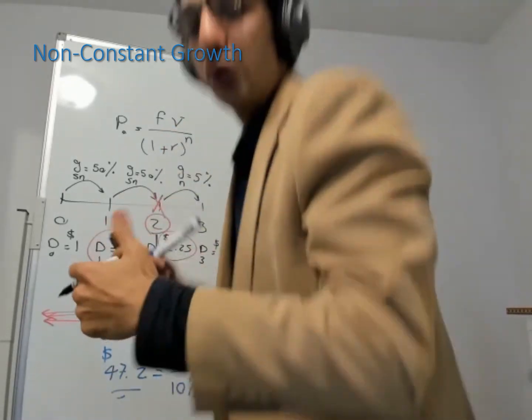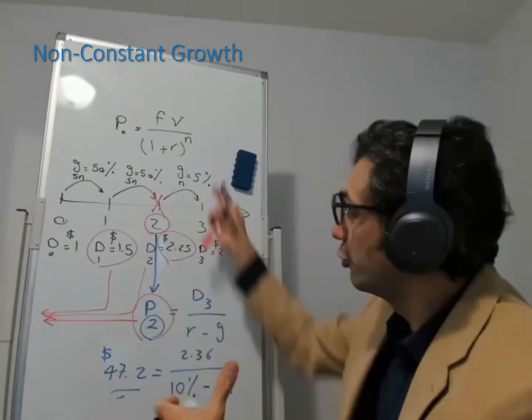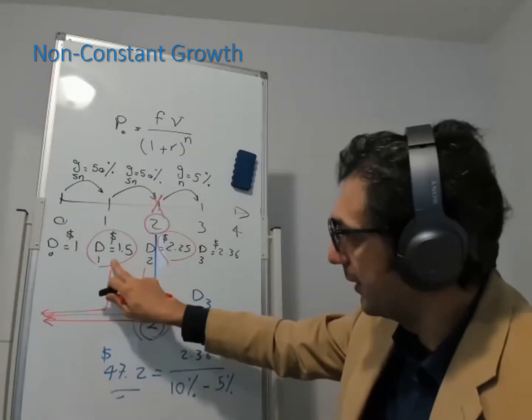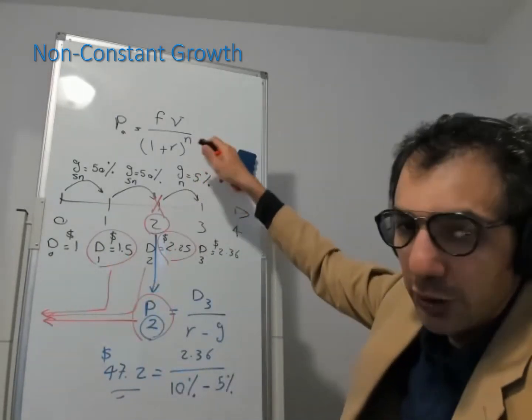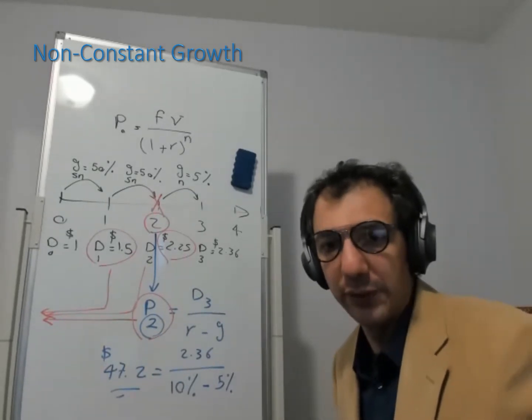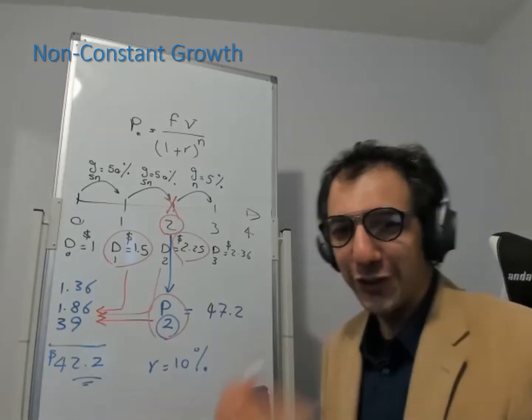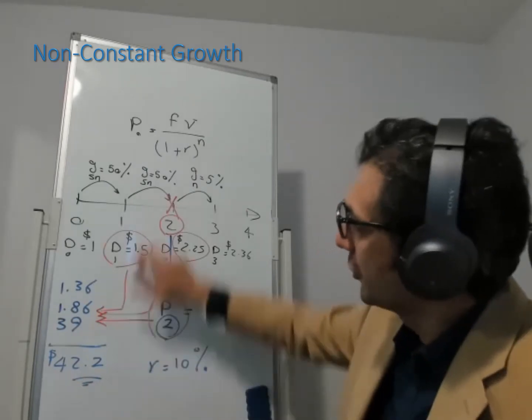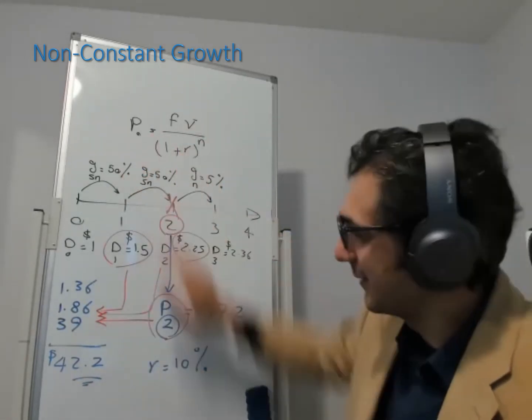And n here shows for how many periods you are going to discount it back. This is 1 period, this is 2 periods. So I'm just going to plug these numbers and find the present value for each cash flow. Well, I just calculated the present value. As I mentioned, I use this formula to find the present value of each cash flow.